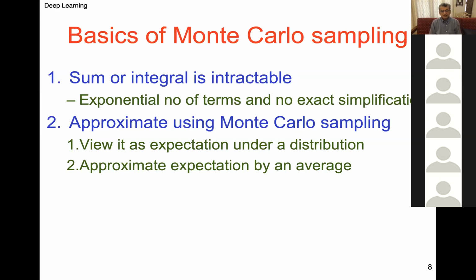The major point here is that we view it as an expectation under a distribution. If you're summing over all these possible values, that is very similar to what happens when we determine an expected value of a distribution. We have to remember the definition of the expected value of a distribution: it's basically the average value. If we say here is a normally distributed variable x, then what is the expected value of x?